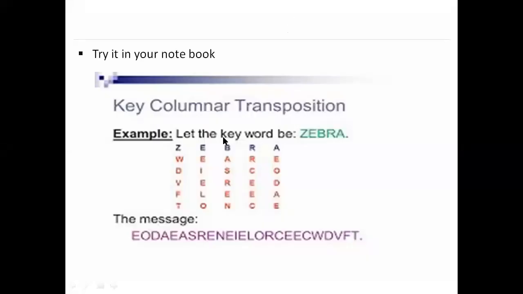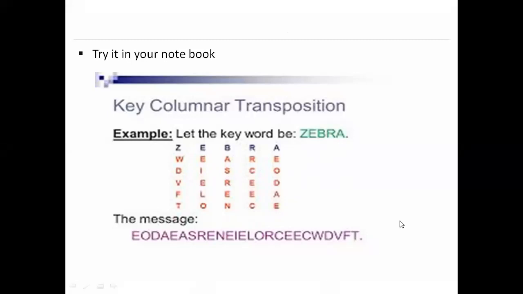Here we have zebra as the key, and the message 'we are discovered flee at once'. We have arranged the plain text into 5 columns, and the key letters are ordered alphabetically.